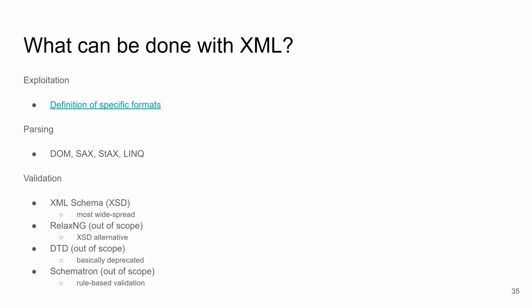Right, so now we know how XML files look and how they can be processed in applications, at least in some principal ways. And now let's talk a bit about how XML can actually be used, what it is usable for. Well, there is a whole big set of so-called specific formats.